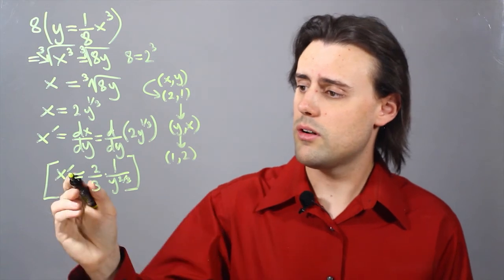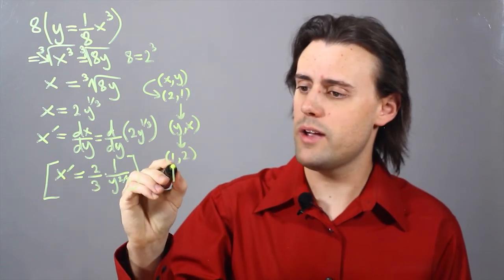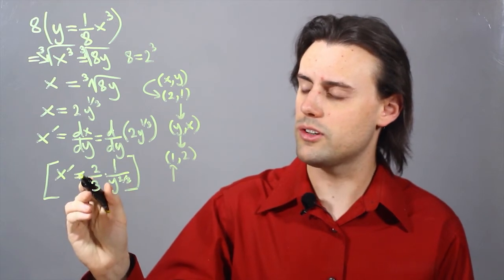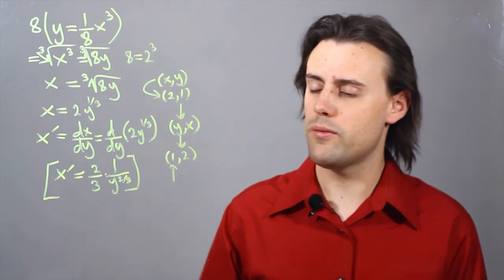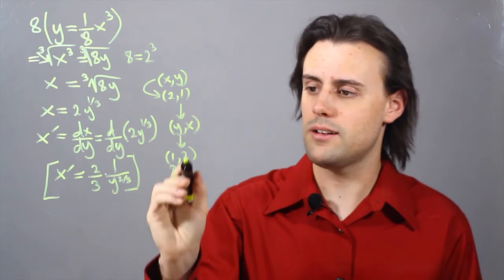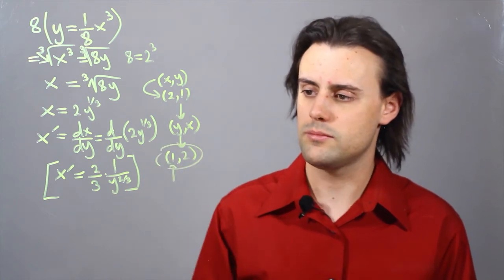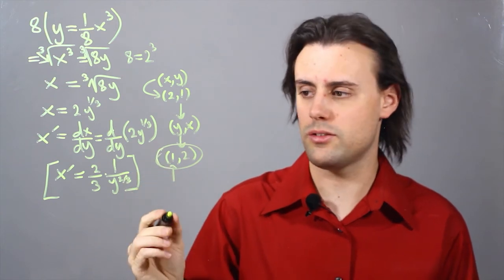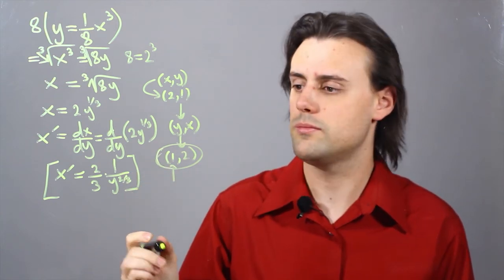So now we can plug in our y value into the derivative of our inverse to calculate what the derivative is of the inverse at this particular point. And that will tell us information about the slope, because the derivative is the slope.